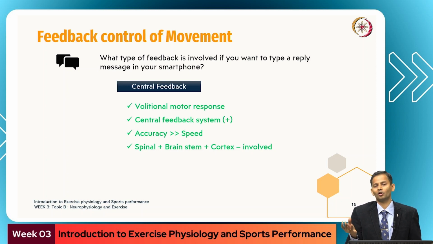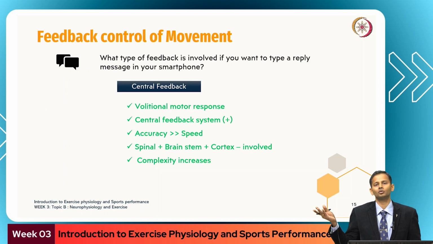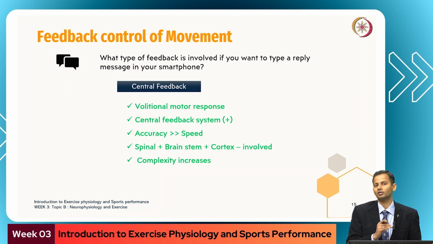It is up to you how you want to do that particular activity. Now this involves relaying of information from the spinal cord to the brainstem to the motor cortex. All three are involved. Hence the complexity increases, and the time taken to process and then get back to the necessary effector organ is also increased.